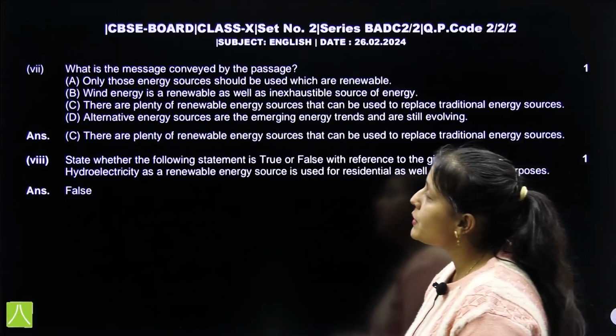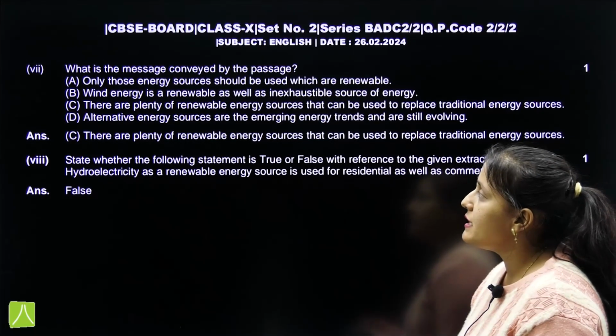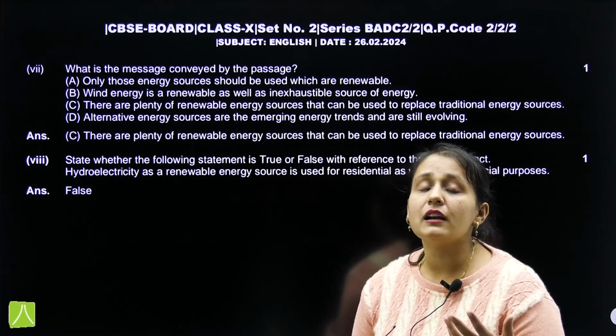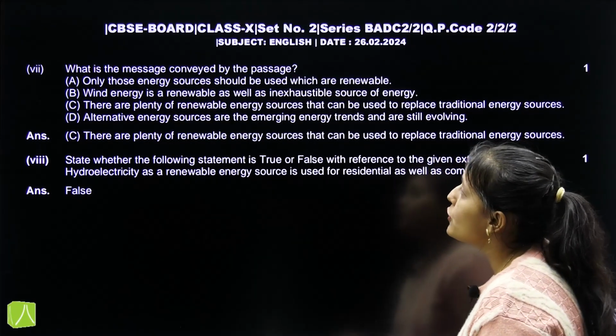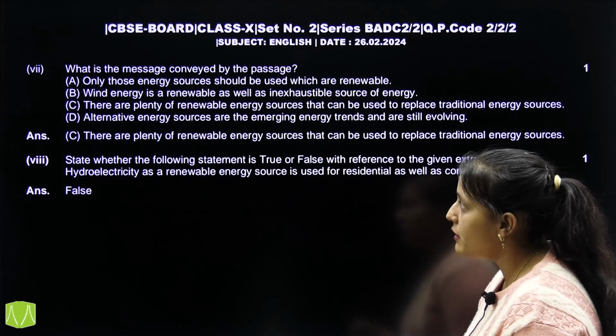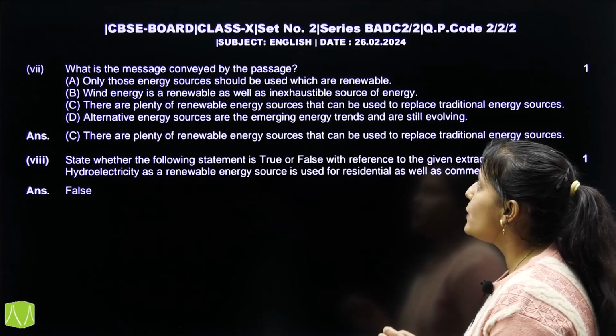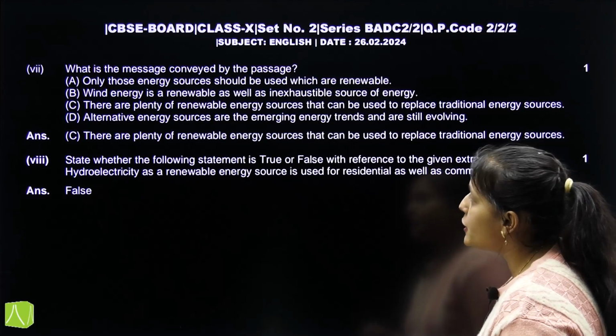Now, the next question was, what is the message conveyed by the passage? So, what message are we getting through the passage? The options are, first option, only those energy sources should be used which are renewable. Second option, wind energy is a renewable as well as inexhaustible source of energy.